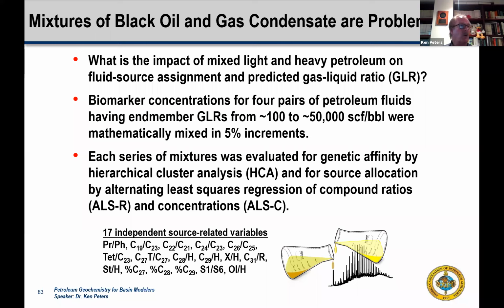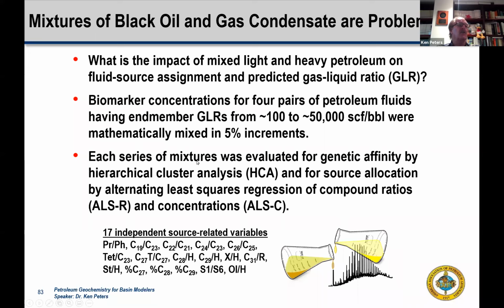Yeah, we had parts per million concentrations for a whole selection of compounds throughout a broad molecular weight range. And then we mixed those together mathematically. So there's no issues here with not weighing the sample properly or evaporation of the oil. Right, it's just mixing the raw data.